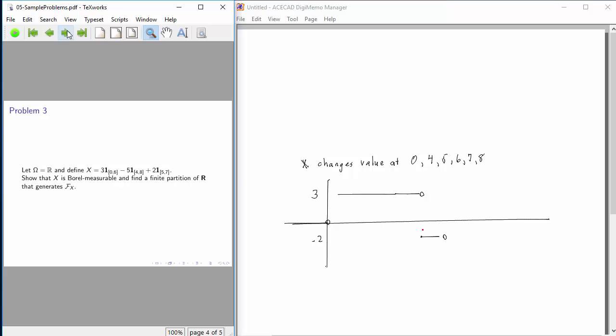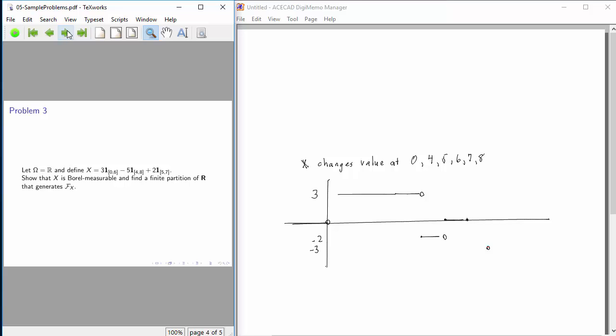That adds on 2, which in between 5 and 6 has the effect of bringing the payoff back to 0. But what it does between 6 and 7 is drop the payoff down to negative 3. And that happens only when X is greater than 6 and less than 7.